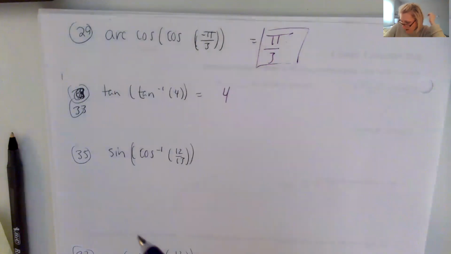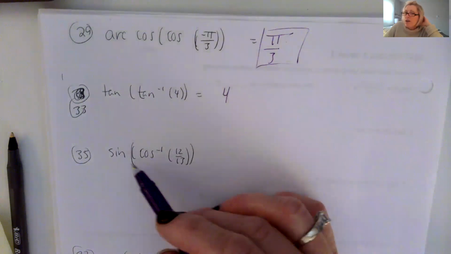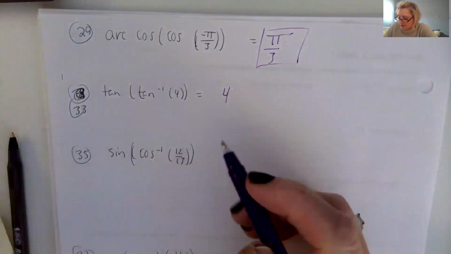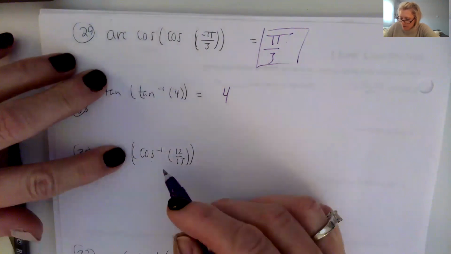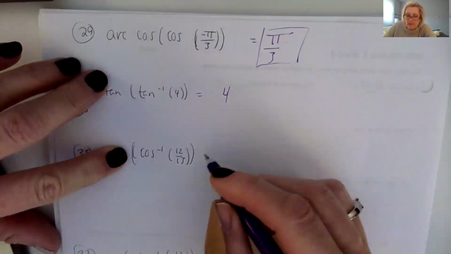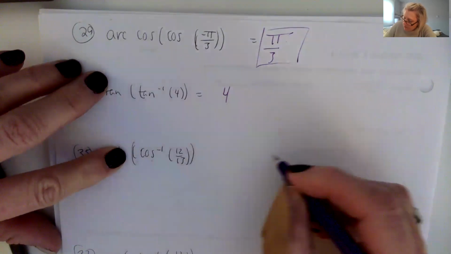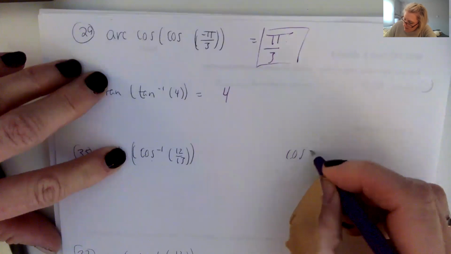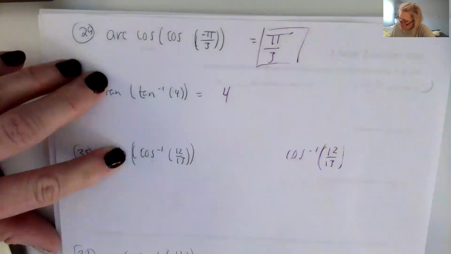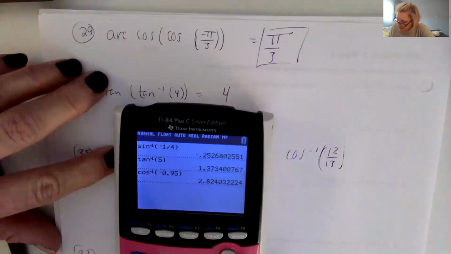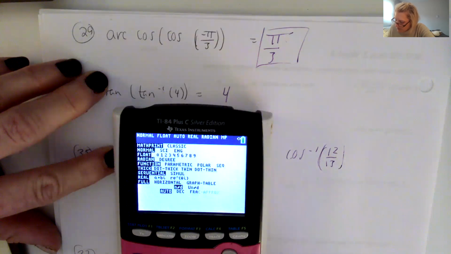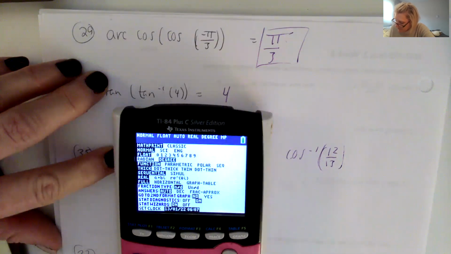Now, 35 says find the sine of the inverse cosine of 12 over 13. So we have to first say, okay, what is the inverse cosine of 12 over 13? And let's just go back to our degrees.